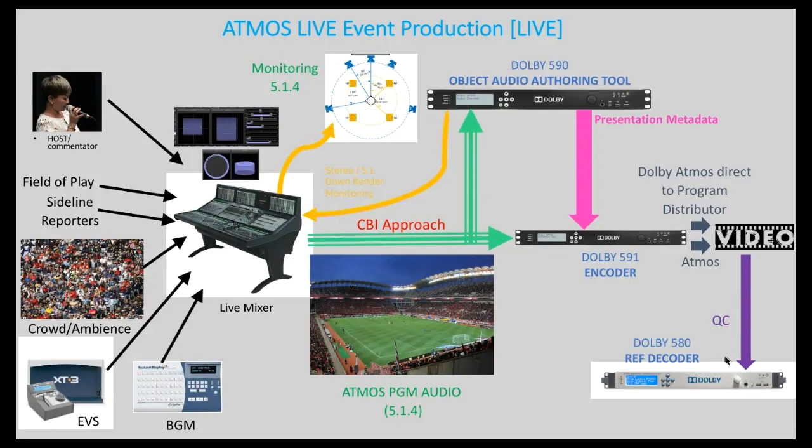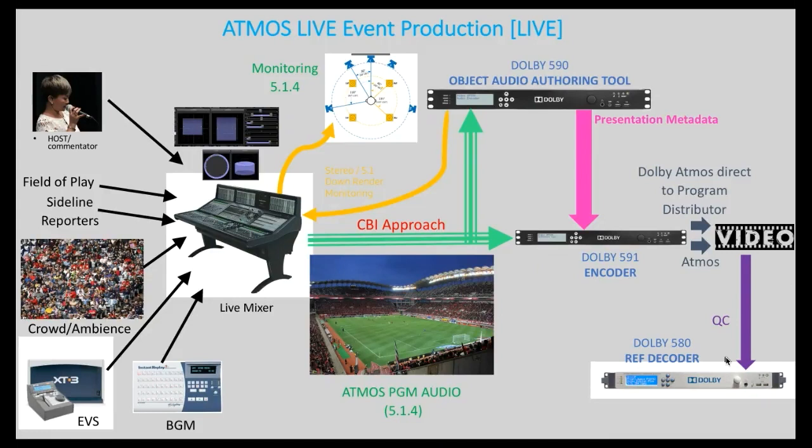which allows you to listen to that immersive program, that 5.1.4 program that you're mixing, and also allows you to listen to it in 5.1. You can see how somebody who didn't have Atmos at home but was receiving the same signal could hear it, or even in stereo.